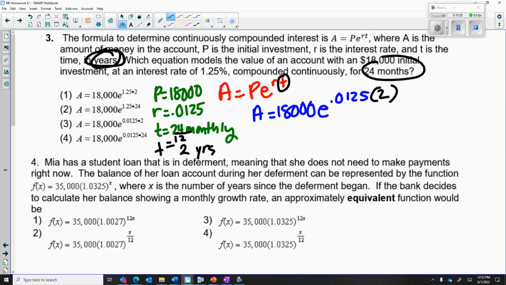The other thing to note is that the rate r always has to be converted to a decimal. So you don't leave it as 1.25, you have to leave it as 0.0125. So that's why our answer is 3, because it's 0.0125 for the rate, and then the time is in years, so that's why there's a 2 and not a 24, which is the other choice.